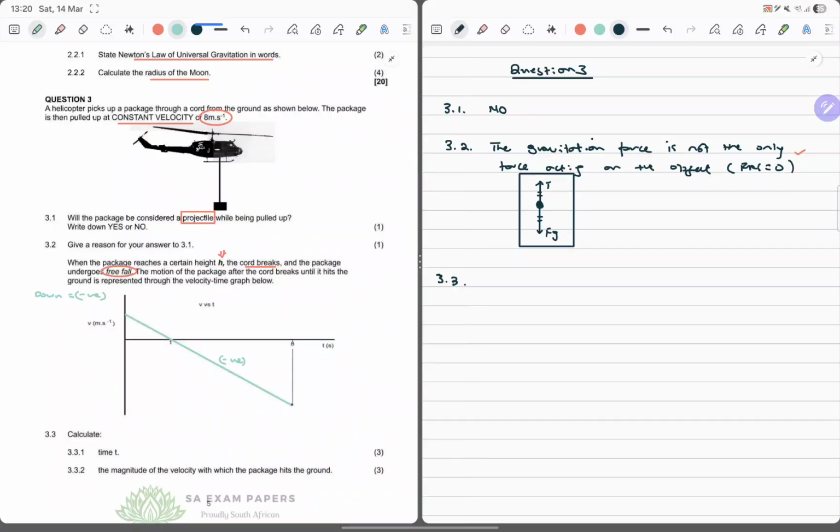So this means down is negative. So the examiners have made a choice here. But now the question is, do we have a projectile or not? Definitely we do have a projectile, because for a projectile we've got a resultant force that is constant. And this is the gravitational force. Hence we're going to have a constant acceleration. If we did not, think about it.